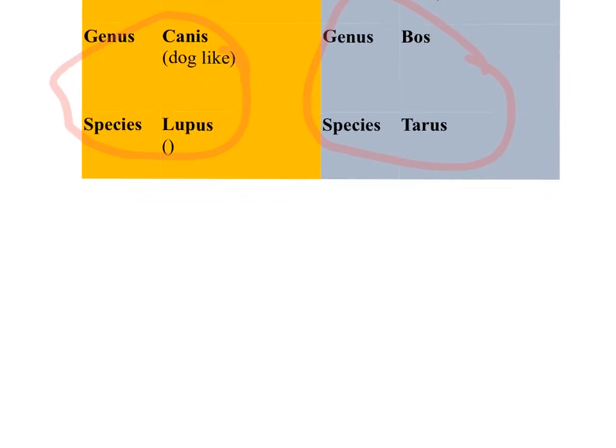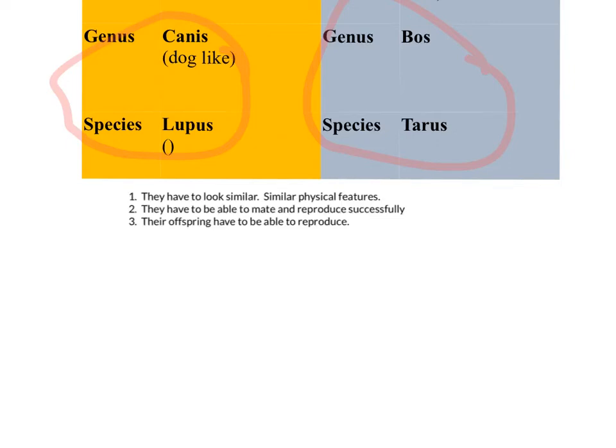Rule number 1, the 2 things in question have to look similar. Actually, I'm going to pause this and type these out so you don't have to sit here and wait. Okay, so the 3 rules about being in the same species, and we talked about these, are right here.